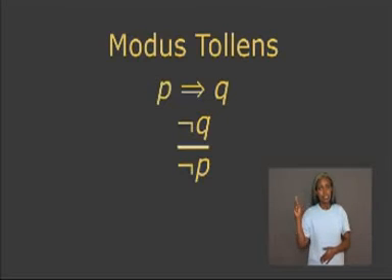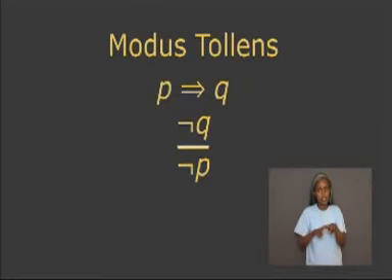This is the modus tollens. It states that whenever if P then Q is true, but Q is false, then P is also false.